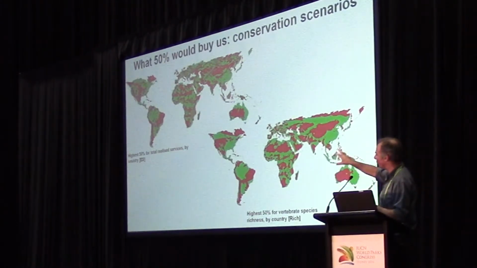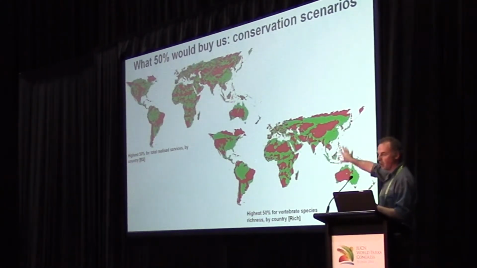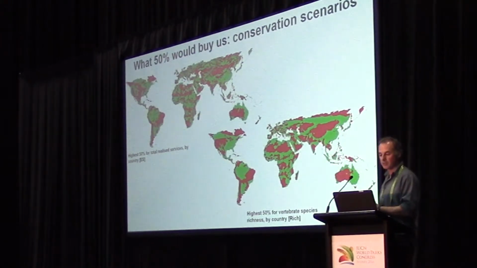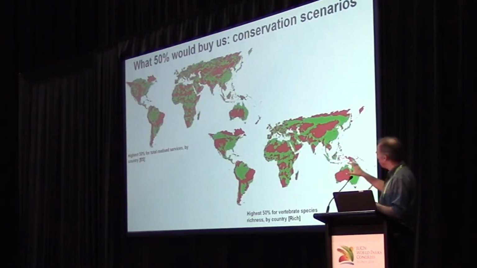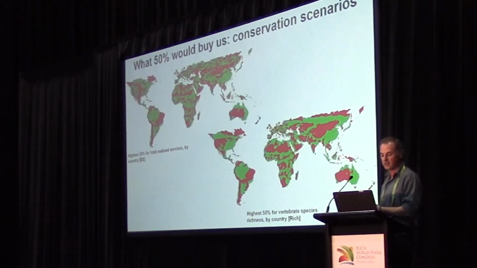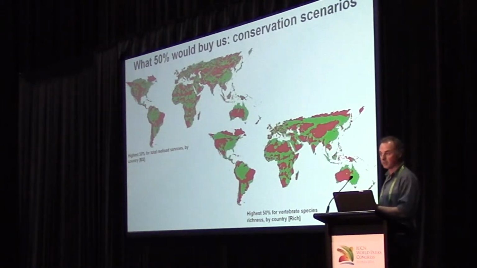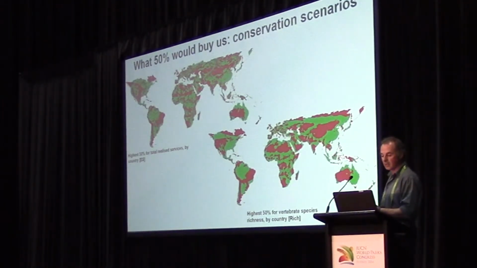Within each country, green is the top 50% producing ecosystem services, and red is lower than that. So if we chose those areas on the basis of ecosystem services, we would get that pattern of protected areas at 50%. That's a lot of the world, as you can see.